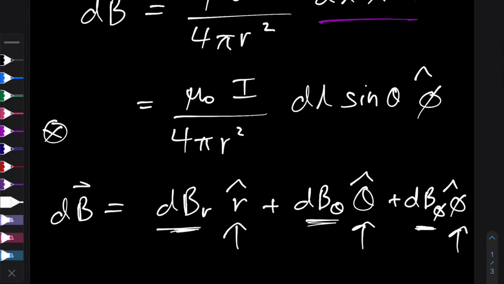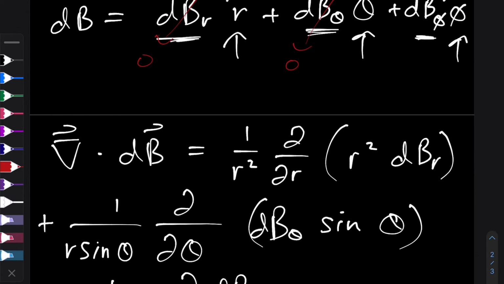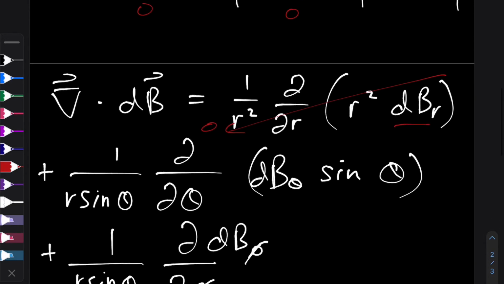But if you look at dB and compare it with the Biot-Savart law, you notice that it only has a component in phi hat. This tells us that dB_r and dB_theta are both 0. So if this is 0, then this whole derivative vanishes because it's the rate of change of 0, which is 0. Same logic for the second term.